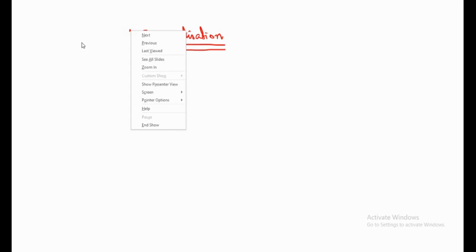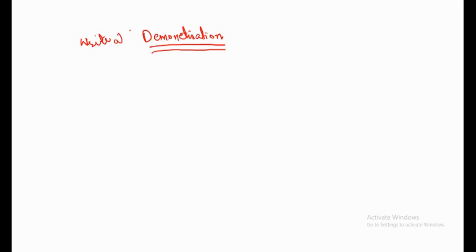Say the question in UPSC or in any other exam comes that write about demonetization or explain demonetization, keeping sociological perspective in mind.